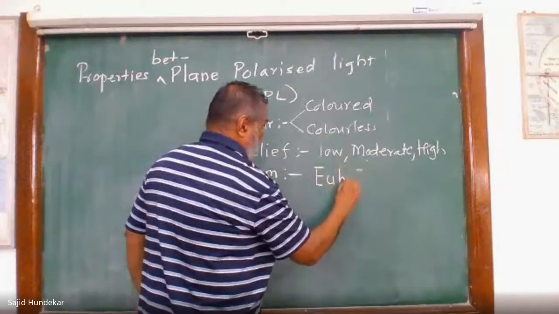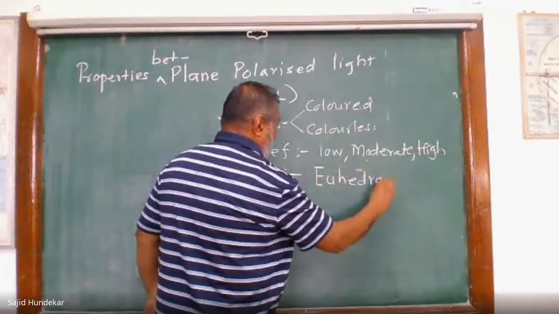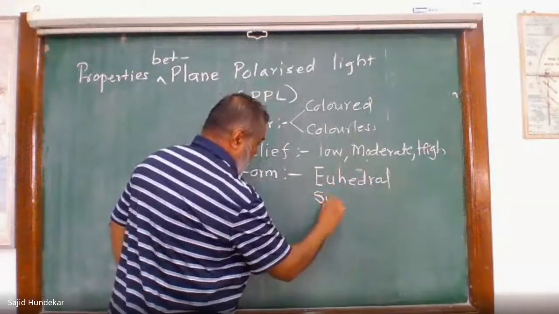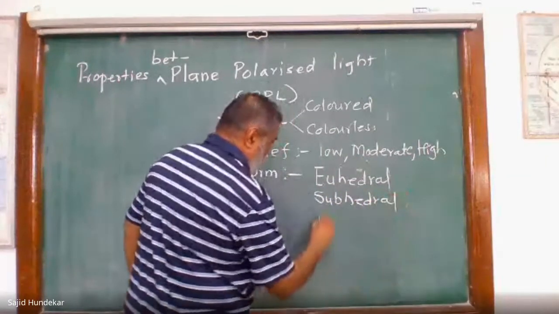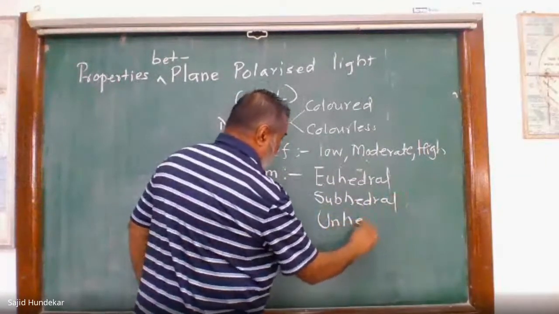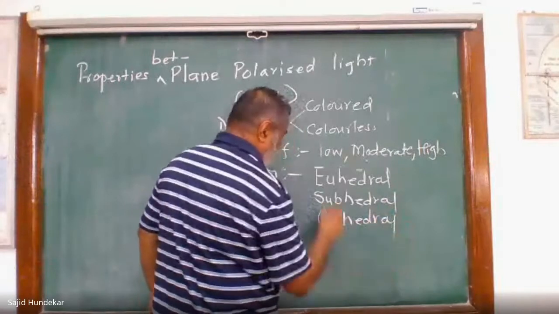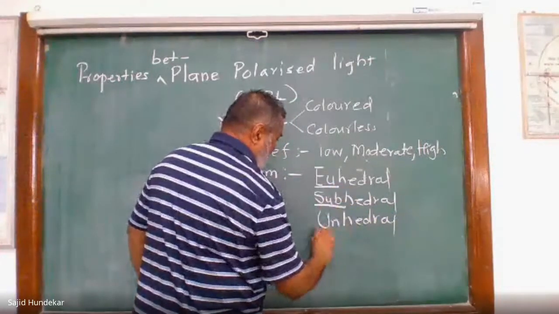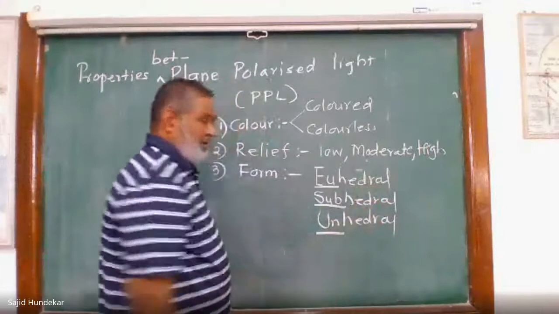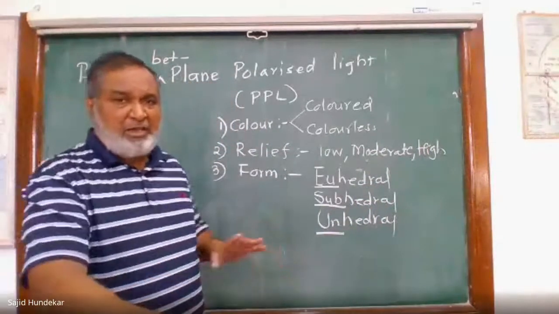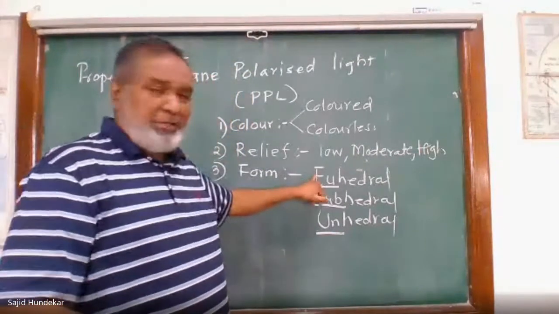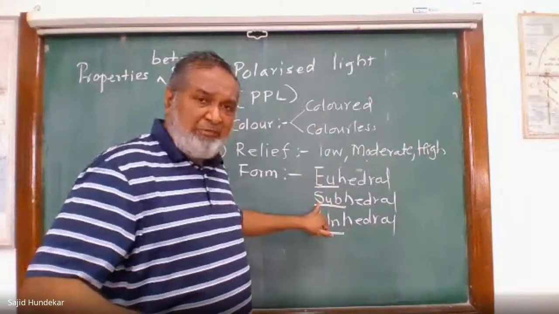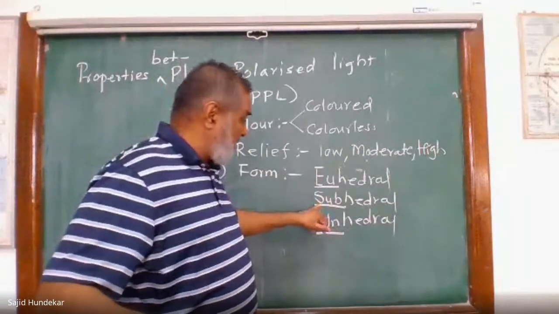First one, euhedral shape. Second one, subhedral shape. Third one, anhedral shape. See, eu, sub, an. Hedral means faces. When the mineral has all edges, all faces present, it is called euhedral. When only half the faces are present, it is called subhedral.